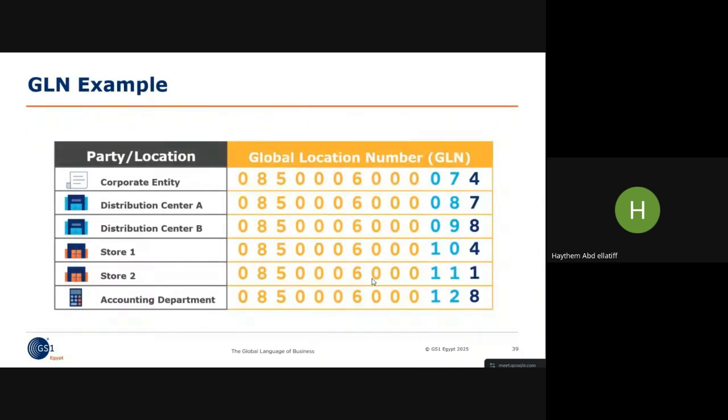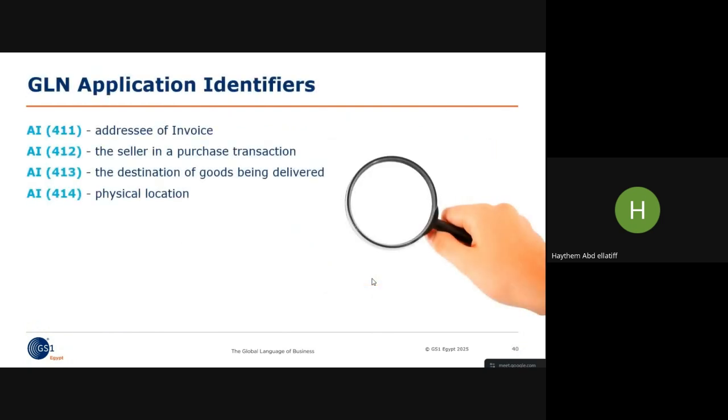And this is an example of a GLN from the corporate entity as a legal entity, identifying the distributor, stores, and maybe the accounting department. And this is the AI, the application identifier, for the different types of GLNs.